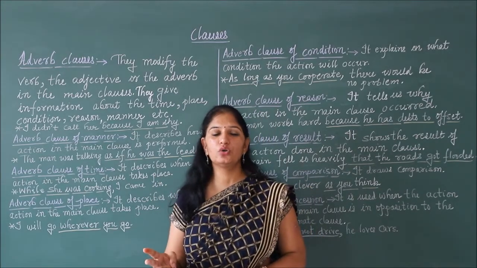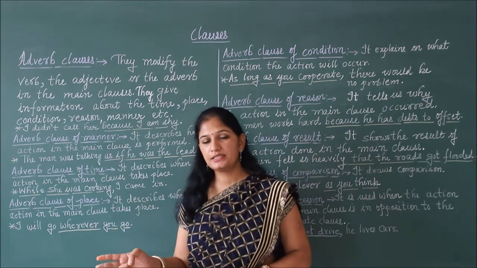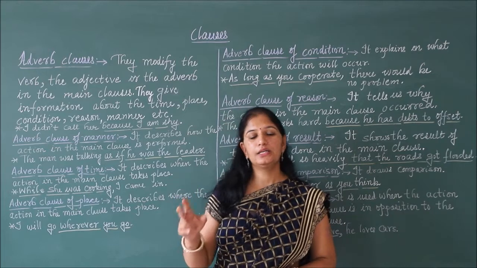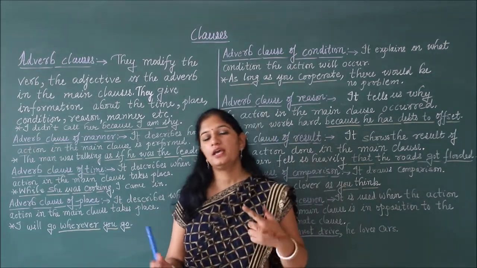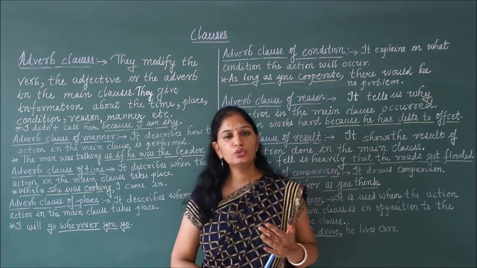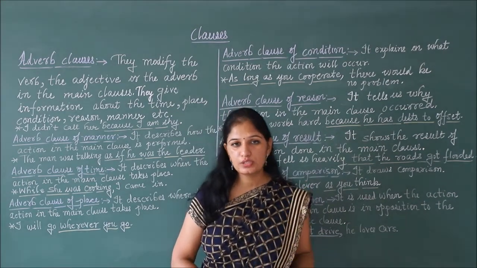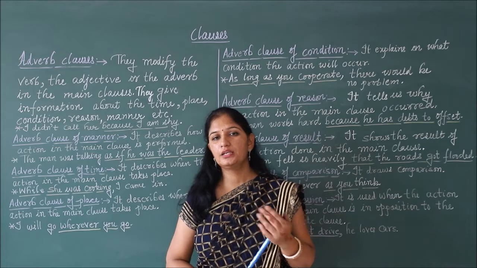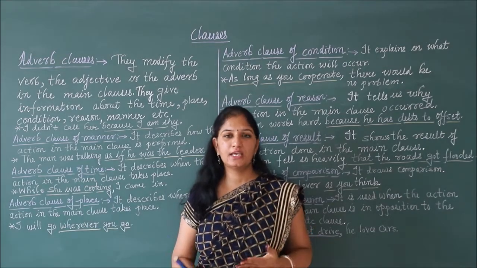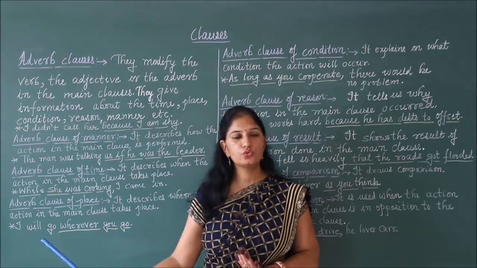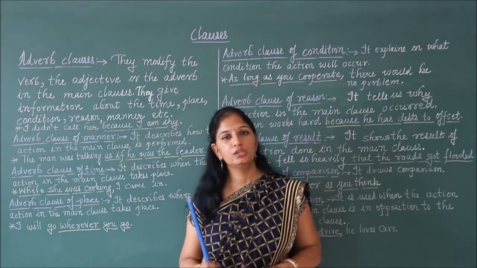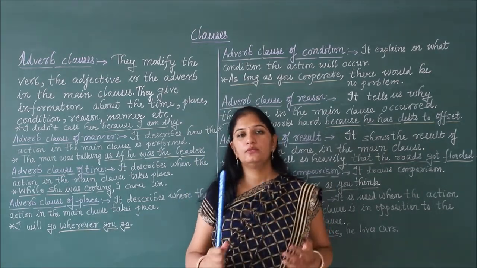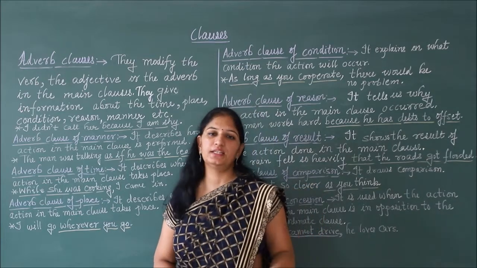So subordinate clause, which is also called dependent clause, has three types: noun clause, adjective clause, and adverb clause. Noun clauses function as nouns in the sentences, like whatever I say is true. So what is true? Whatever I say. So whatever I say becomes noun clause because it is functioning as a noun in a sentence.